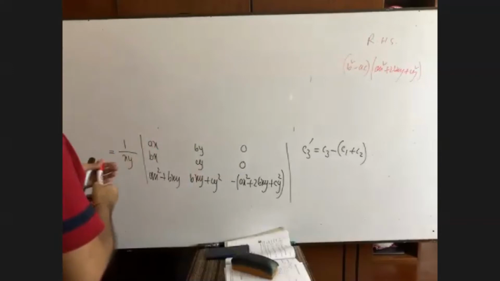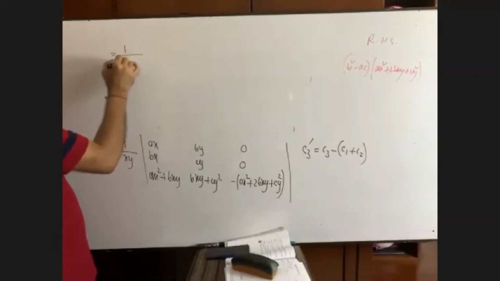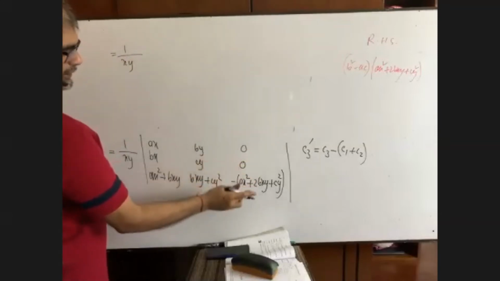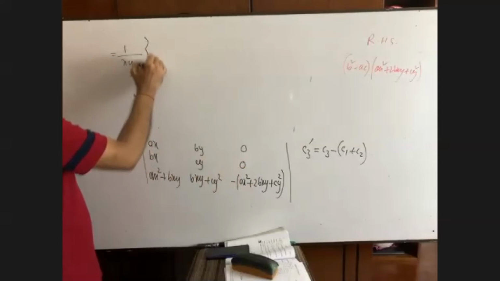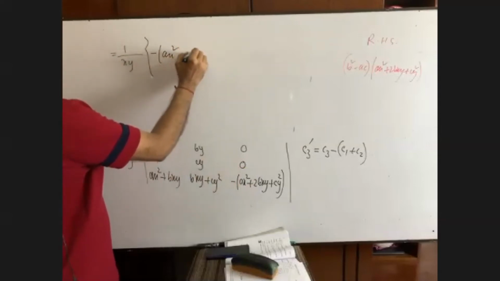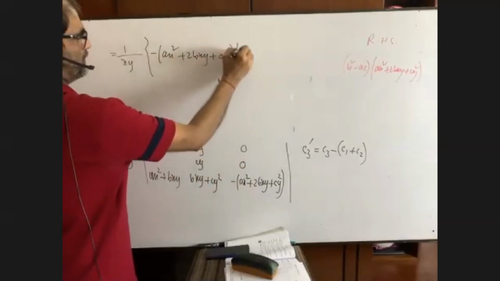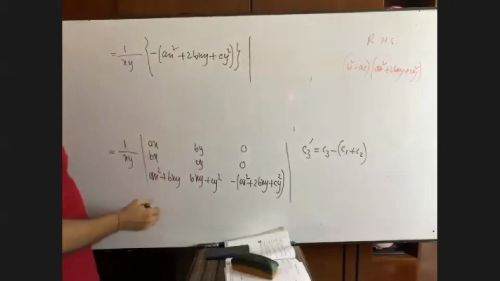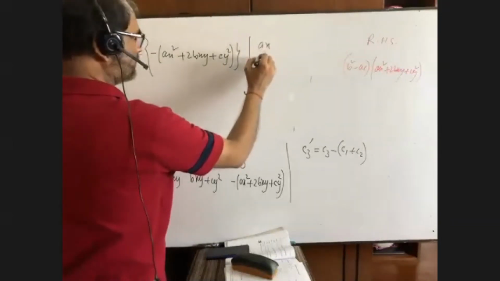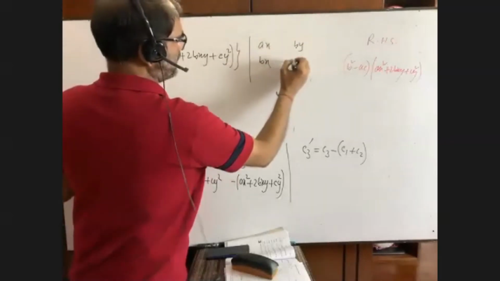Now you see, it equals 1 by xy. Now if I consider this 0, then we'll be left with this, minus x square plus 2bxy plus cy square. Then it is ax, it is bx, it is by, it is cy.